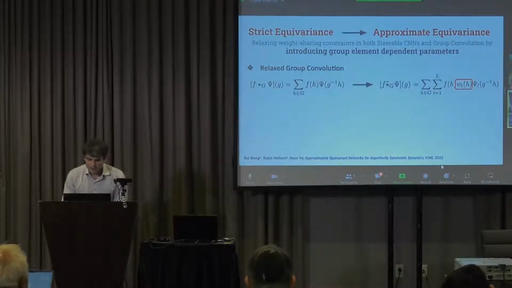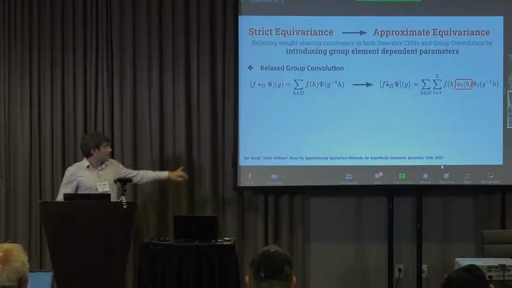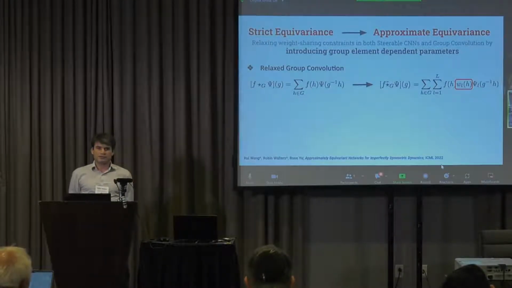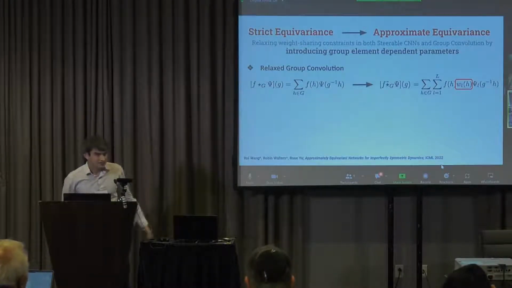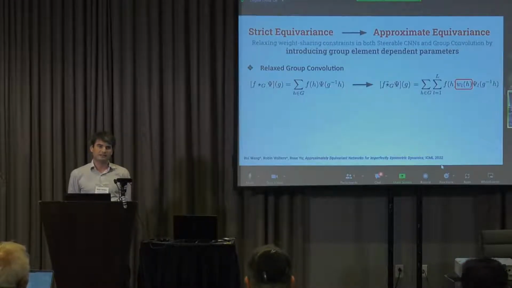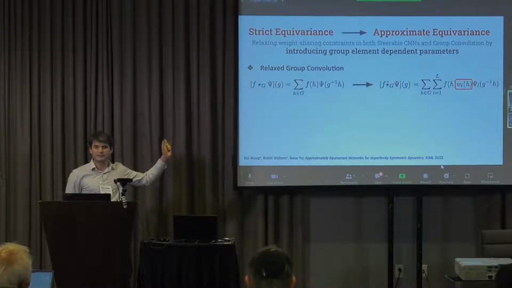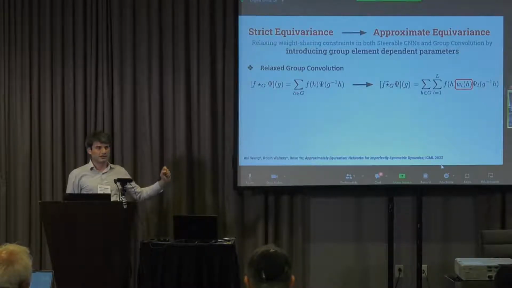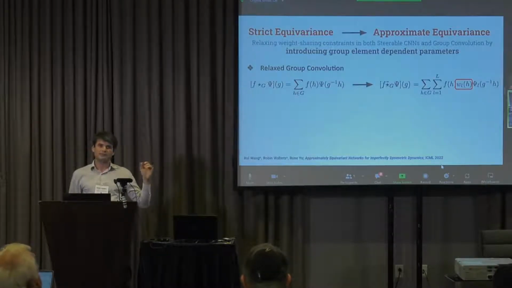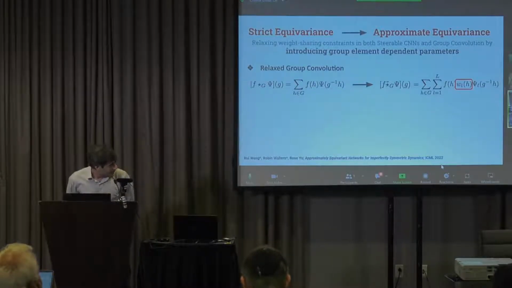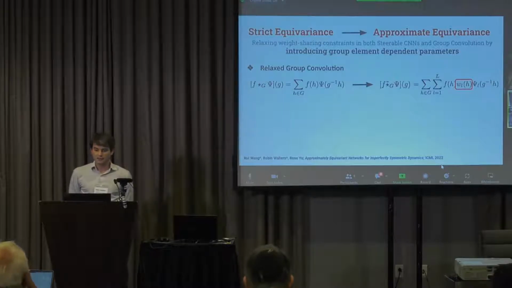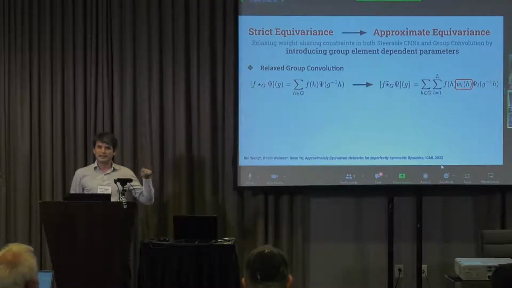Okay, so here's our method, right? On the left is the group convolution operation. This is the model that shares weights. You can see that this operation is equivariant because the kernel phi only depends on the multiplicative difference G inverse H, right? A full linear map could have a different weight for each value of H and G. So what we do is we insert this weight, W_L, that depends only on H into the kernel. And there's this index L, which is the number of kernels phi_L.